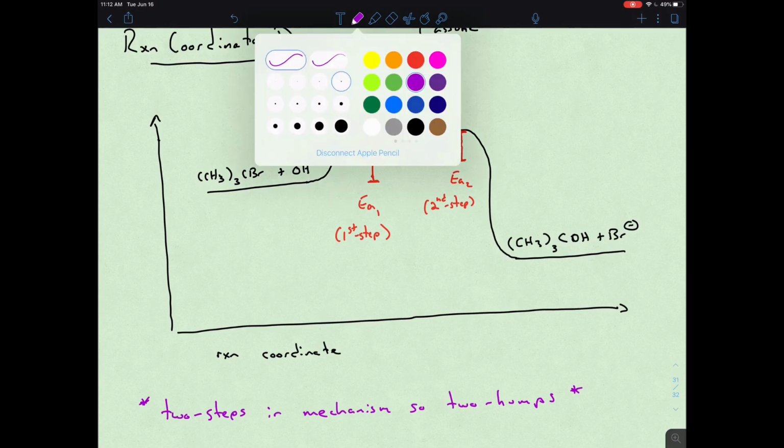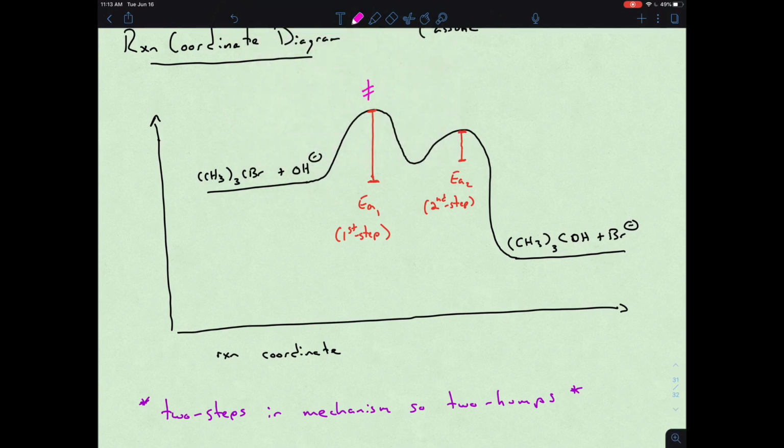We have these transition states, and we have 2 transition states as well here. We can consider the first one, where that carbon-bromine bond is just starting to break.